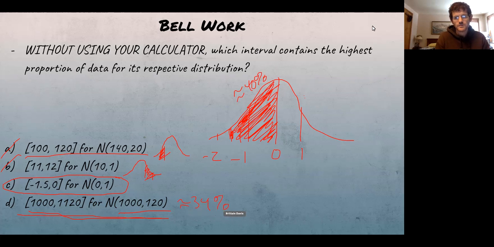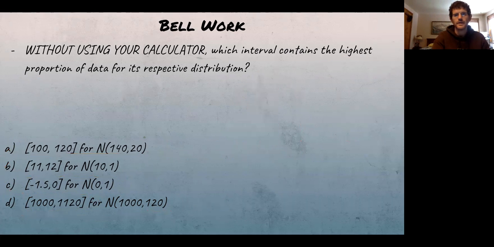So it's close. Most people thought D, but it is actually C. The whole point of this is that the biggest numbers don't necessarily mean anything. We're talking about the highest proportion of the data for its respective distribution. Hopefully that clears up any confusion.